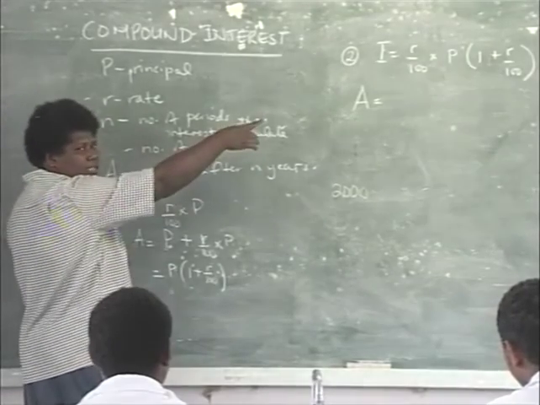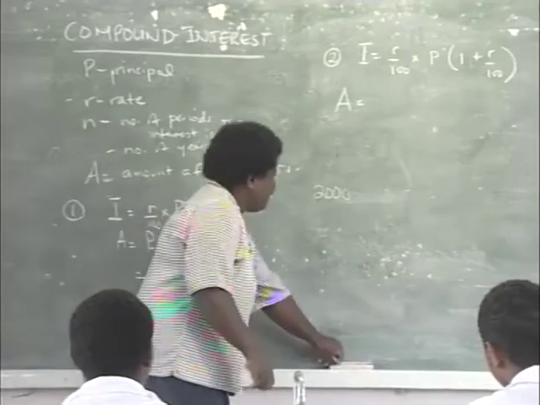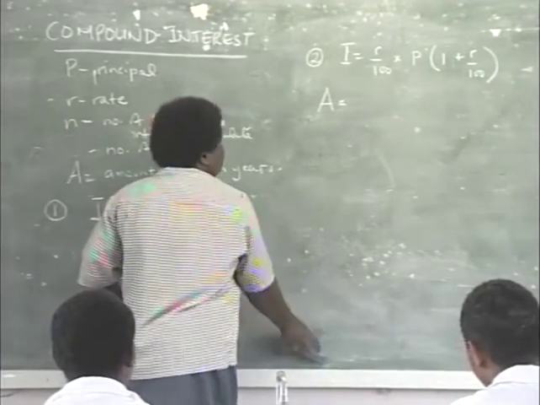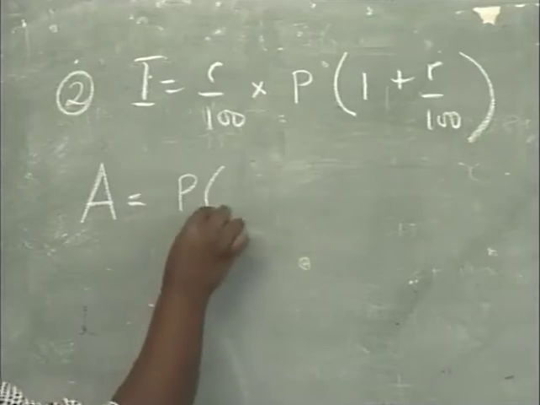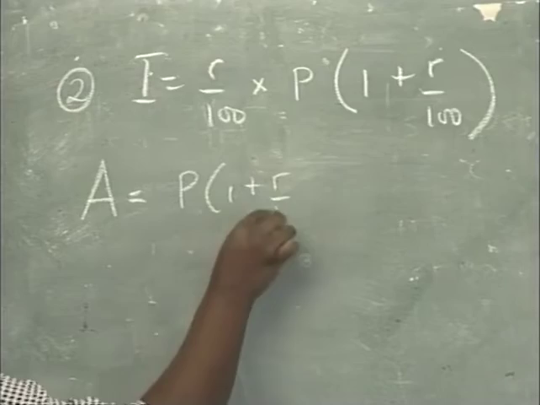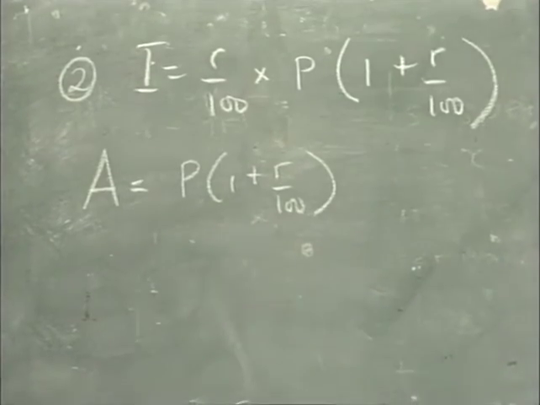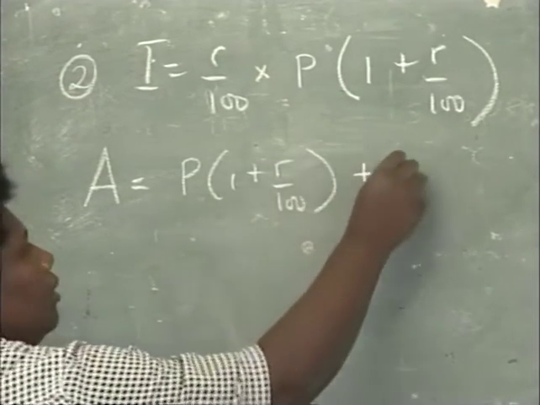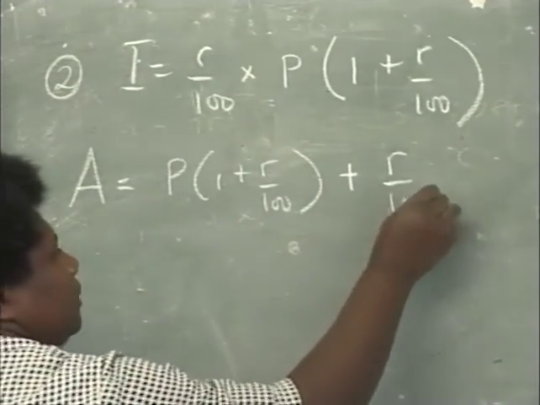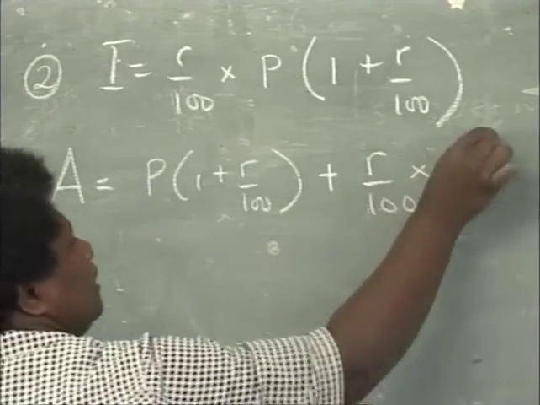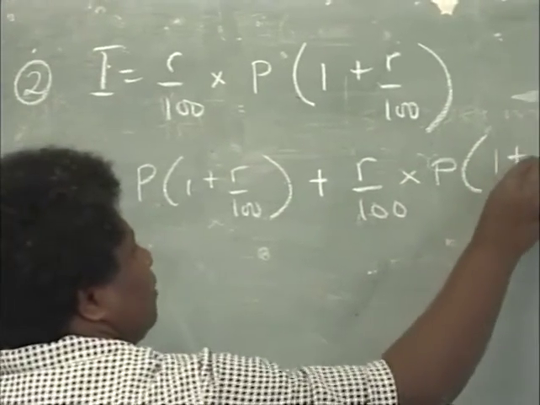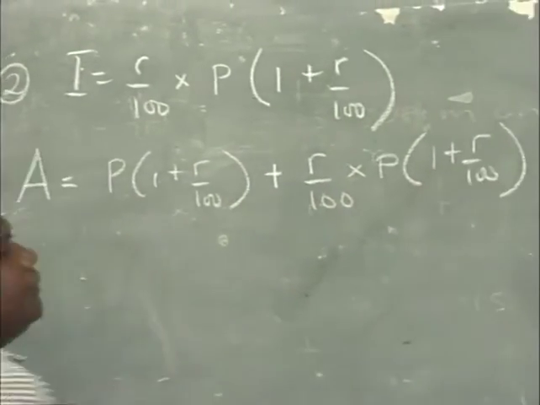This is the interest. So I will have to add this, which is P times 1 plus R on 100, to the interest, which is R% of P times 1 plus R on 100.